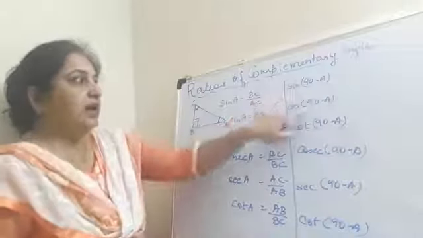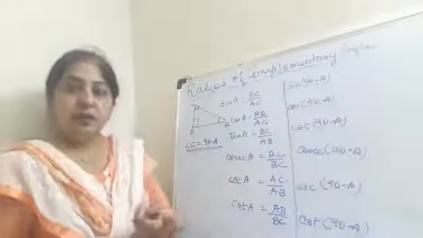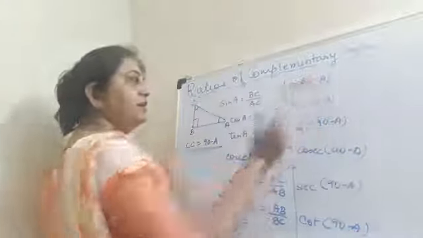Now these are the six ratios for angle C, but for C we replace it and write 90 minus A.